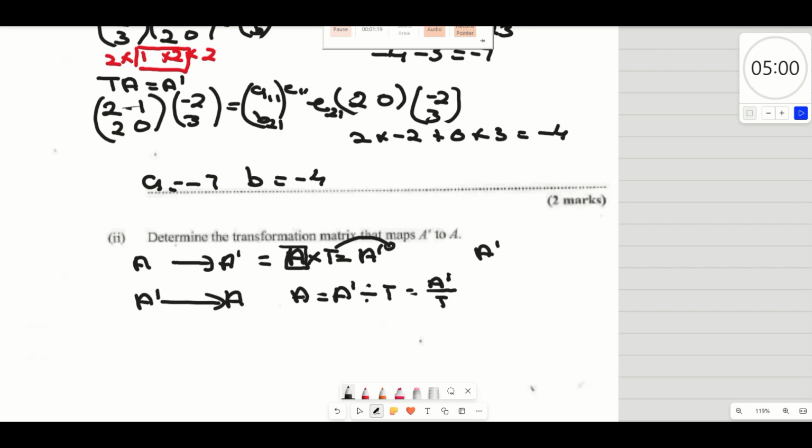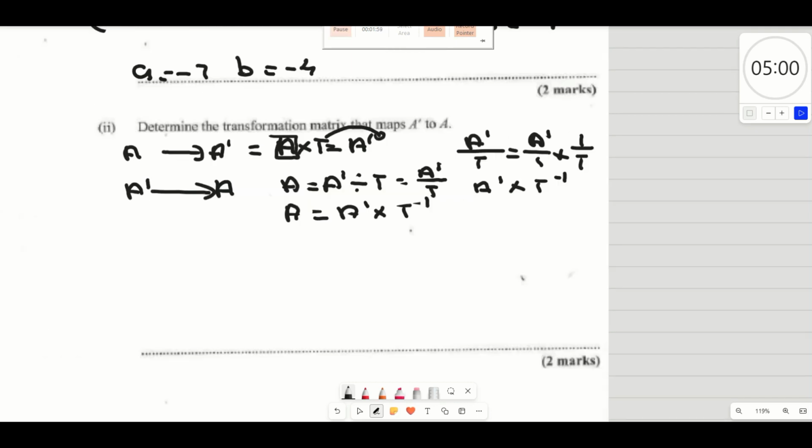Image A over T is the same thing as image A over 1 multiplied by 1 over T. Using our laws of indices, 1 over T is the same thing as T to the negative 1, or T inverse. So your object A would be your image A multiplied by T inverse.